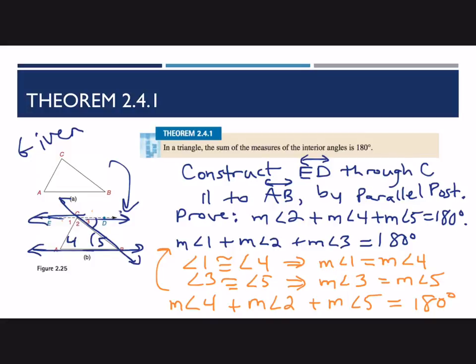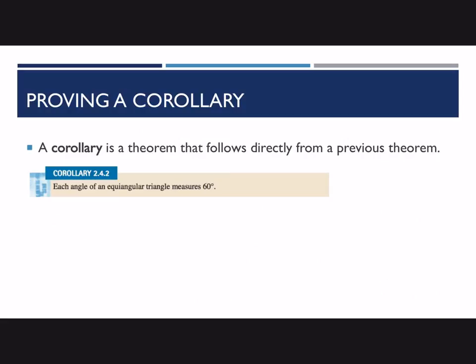Based on this theorem, there are some other smaller facts that we know and can prove. We consider these to be corollaries. Now some textbooks won't make a distinction here. They might just call these theorems. But a lot of times the word corollary is used to emphasize that this fact is based on a previous theorem.